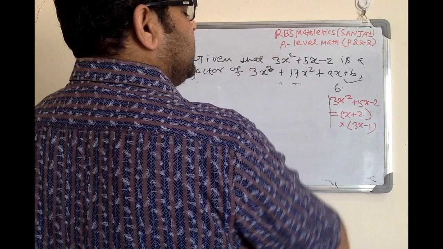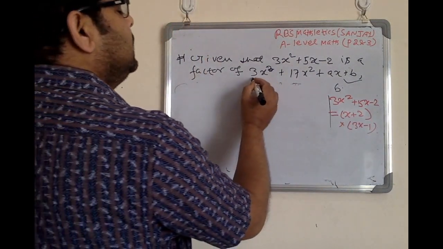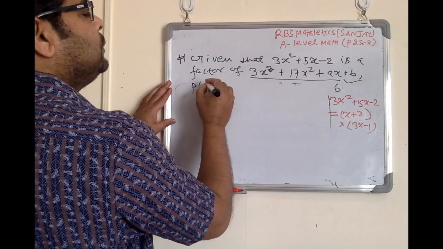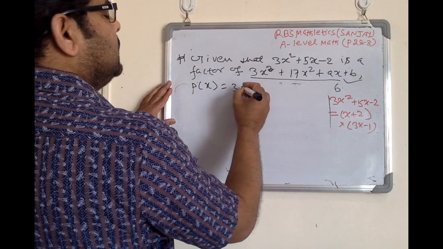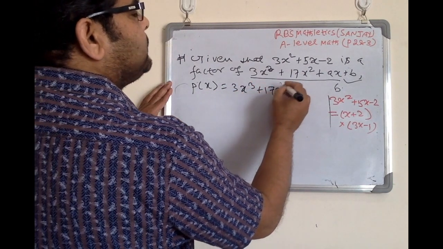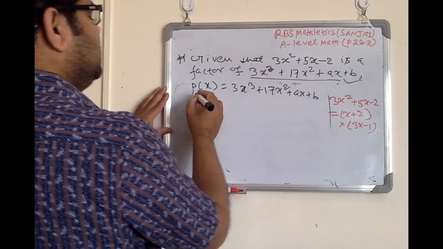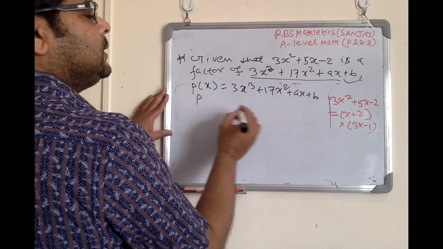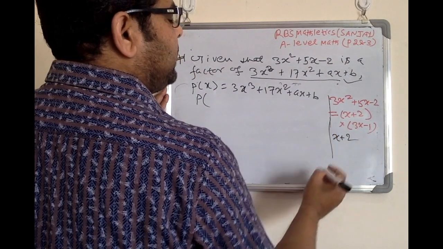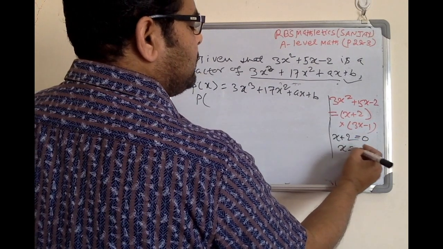Since x plus 2 and 3x minus 1 are both factors of this polynomial, say p(x) equals 3x cubed plus 17x squared plus ax plus b, then I'm talking of one of the factors: if x plus 2 is 0, x is going to be minus 2.